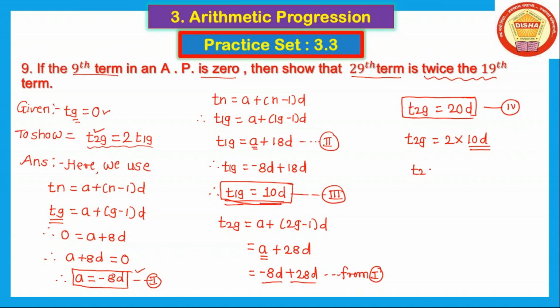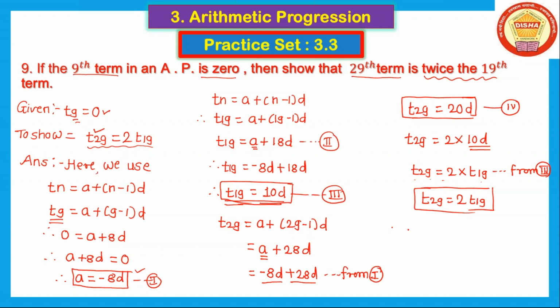So we put here T29 is equal to 2 into 10d means T19. We write this from equation 3. From equation 3 means 29th term is twice the 19th term, and that here we show that.